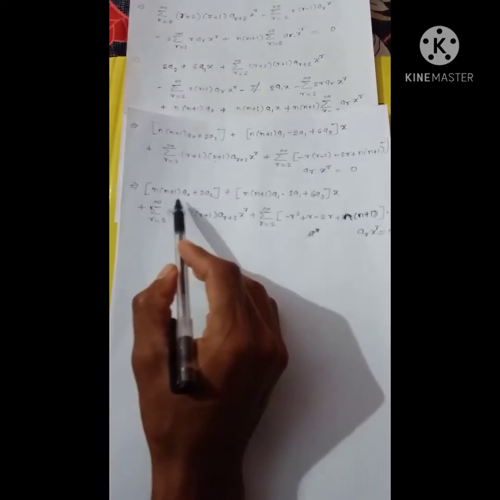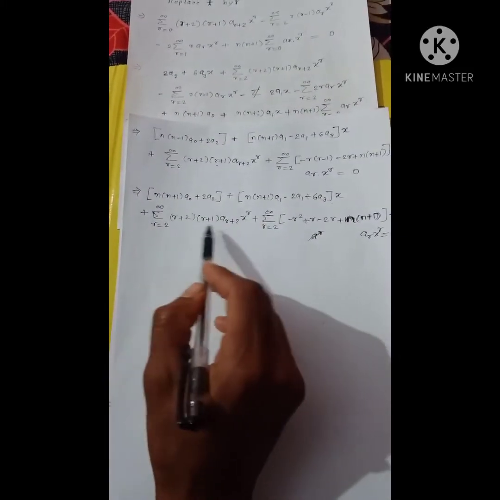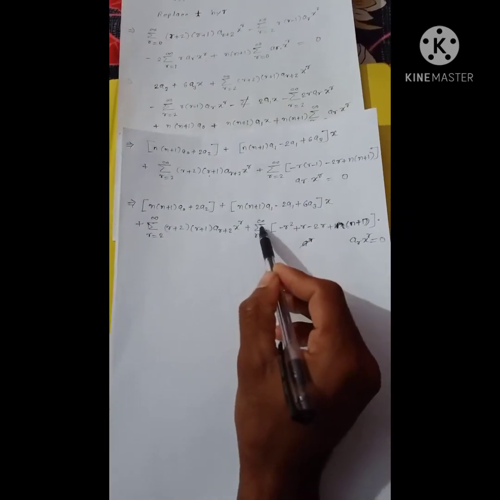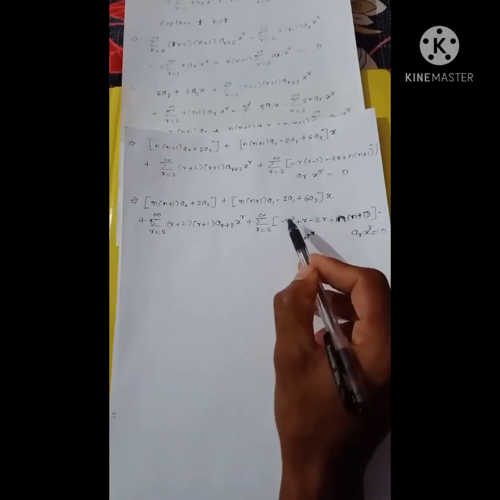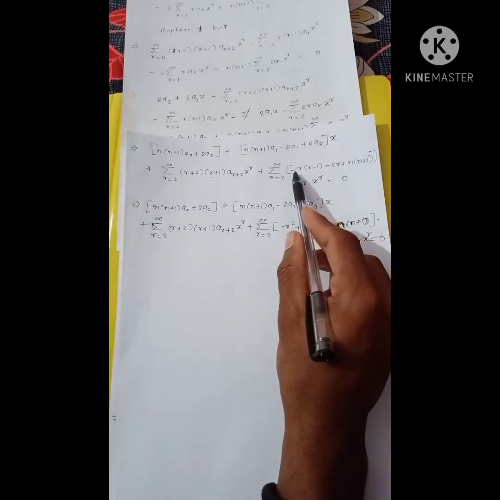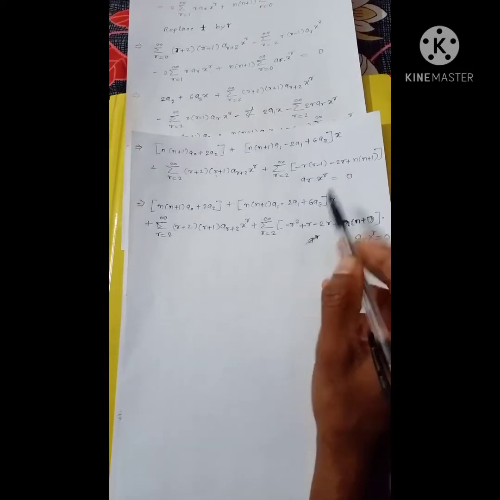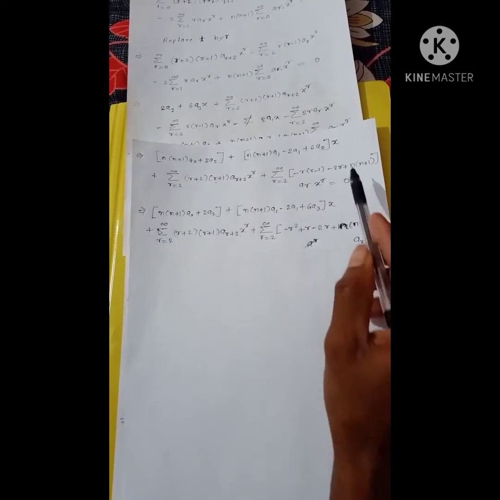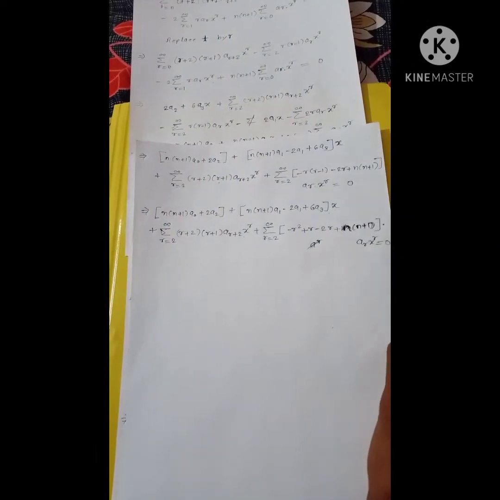Now this term remains as it is, this term remains as it is, and also this term remains as it is, and plus summation r equal to 2 to infinity, minus r into plus r becomes minus r square, and minus r into minus 1 becomes plus r, and minus 2r, and plus n into n plus 1 into ar into x to the power r equal to 0.